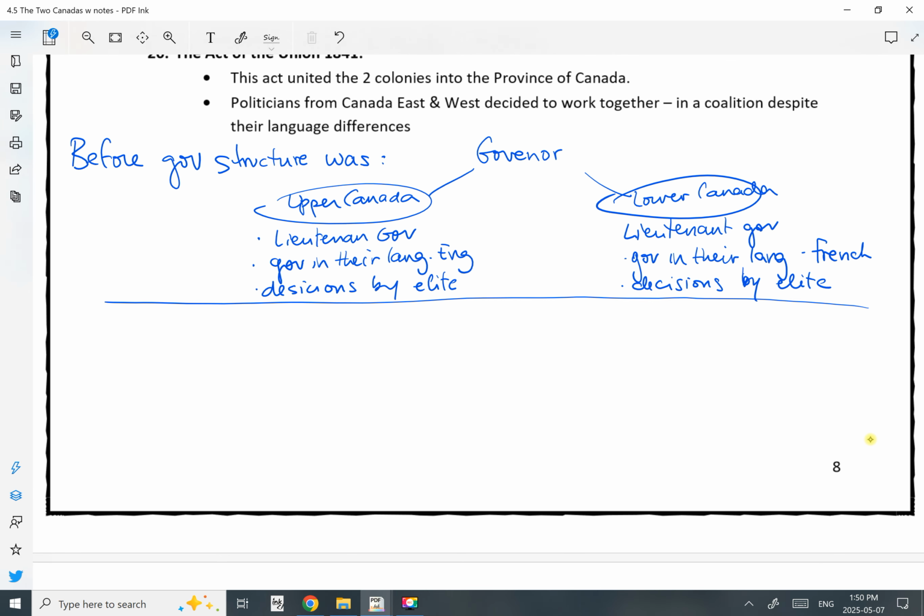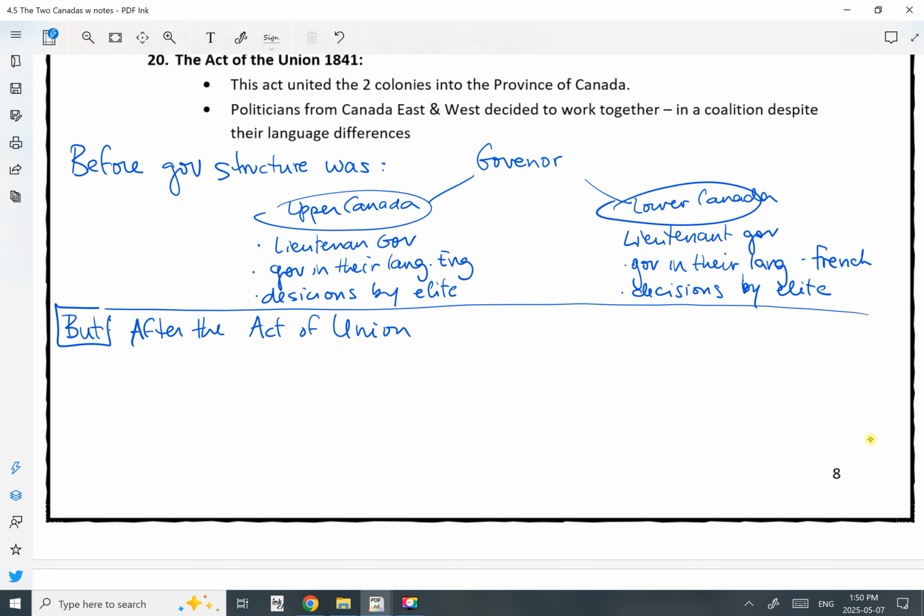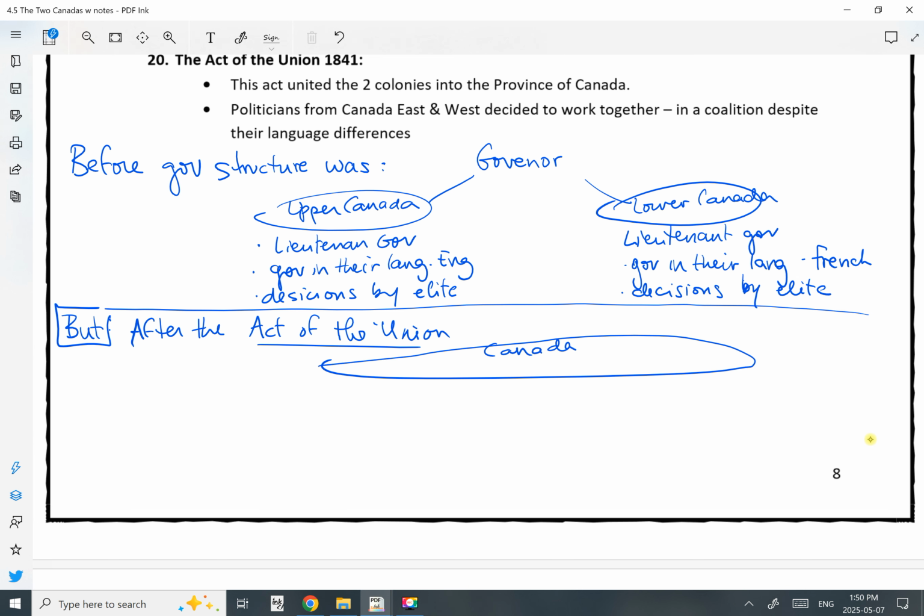That was the before. But after the Act of the Union, this creates what we are more familiar with today, right? It made one Canada. And I'm going to write east, small, and I'm going to write west. Wait, I'm going to write that backwards.